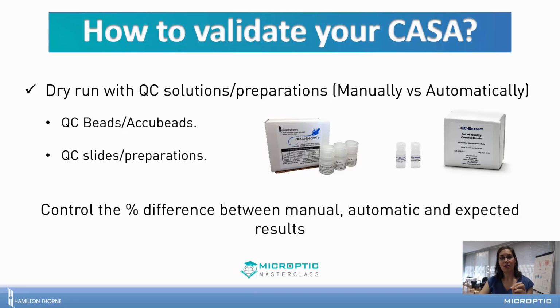Here you can verify that the personnel is really qualified for running the test and that the system is measuring as expected. So it's important to do a fast dry run with QC solutions and check the percentage of covariation, or the deviations from the expectations obtained with both methods.